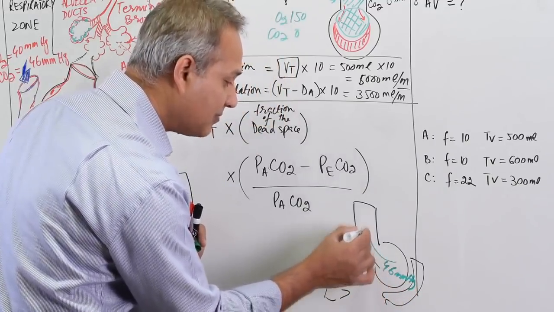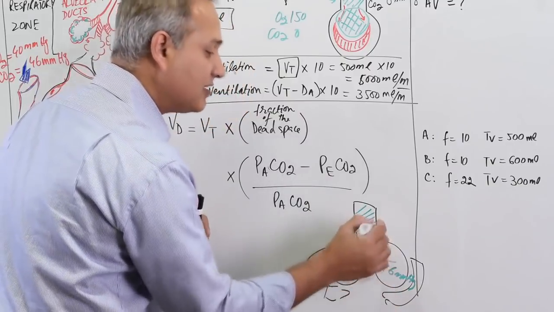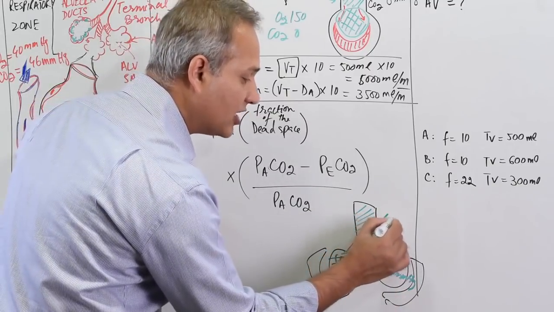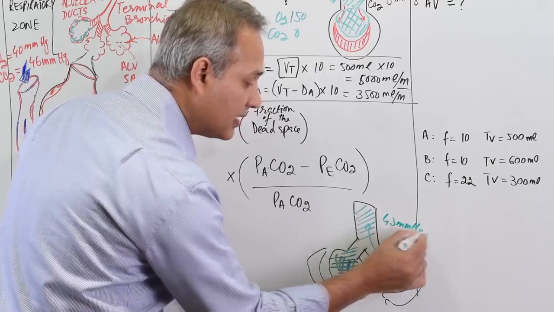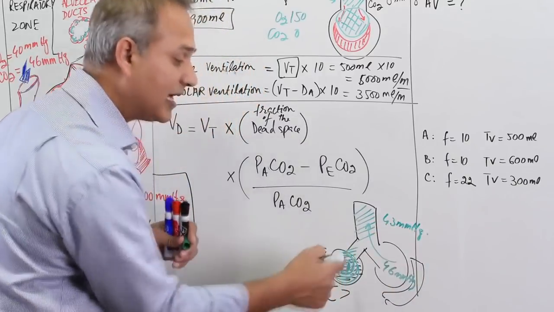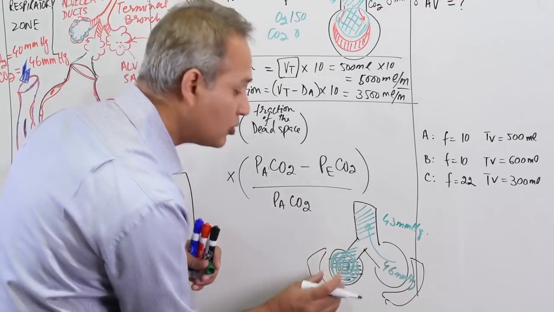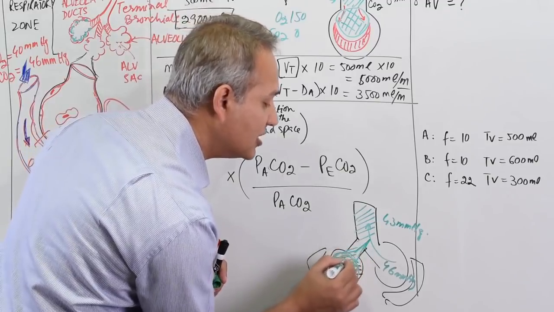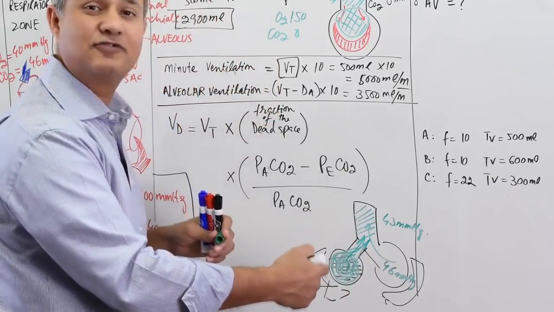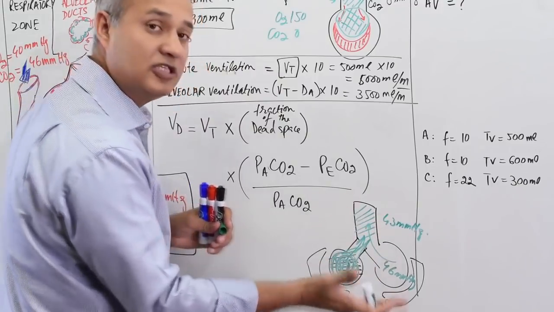When this 46 came out and mixed with the anatomical dead space, let's say the pressure dropped to 43. But this abnormal part, which should have been working, also provided gas back with the 0 carbon dioxide level. This is the confusing part, students forget. This sent the gas back with the 0 level.